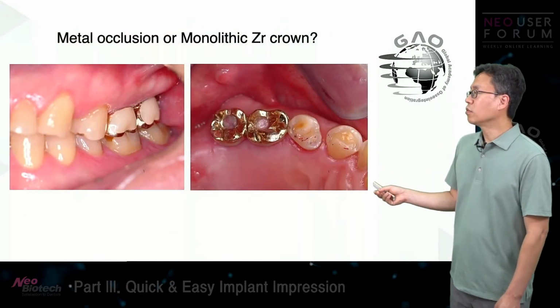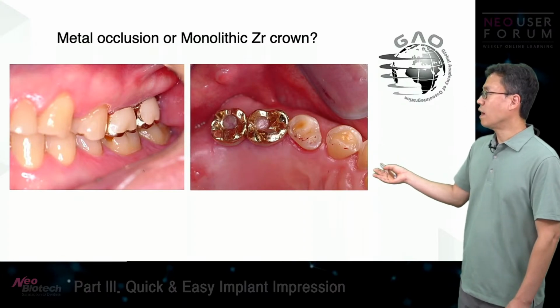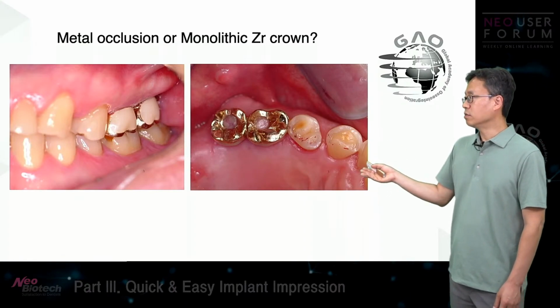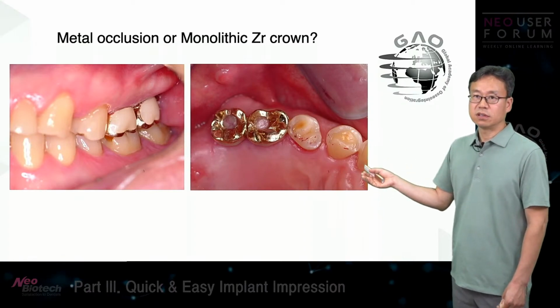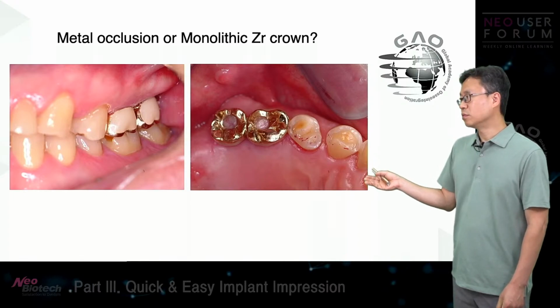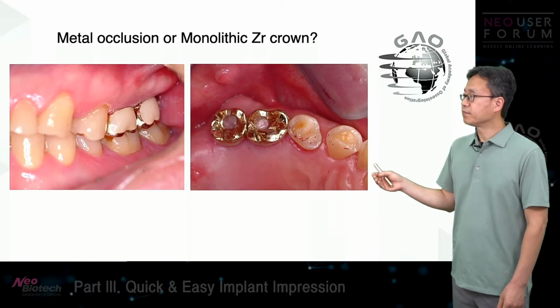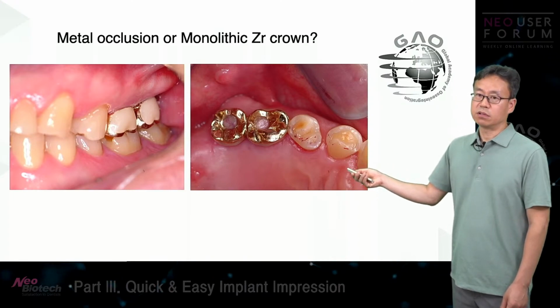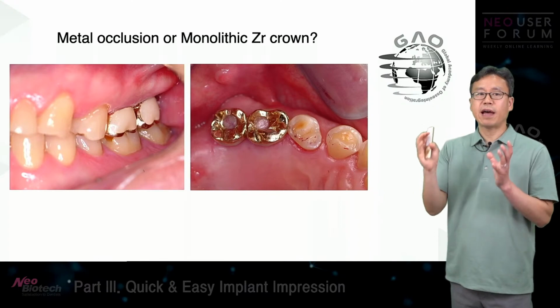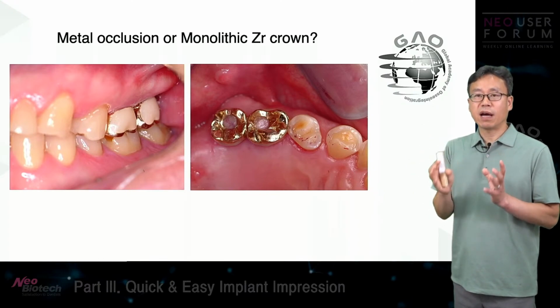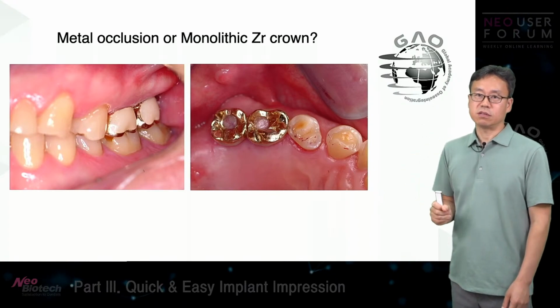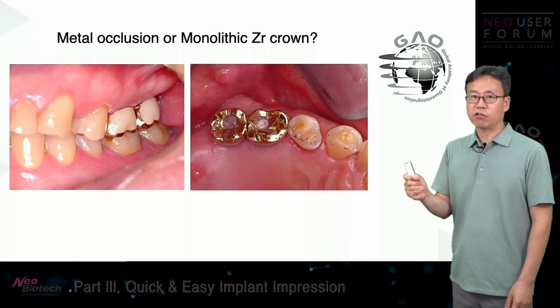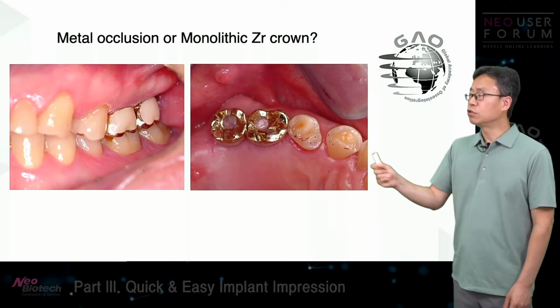But what about with zirconia crowns or gold crowns, gold occlusion, which people don't really do anymore? What about a monolithic zirconia crown, where you have to have the occlusion right all at once with one accurate bite? What do you have to do?